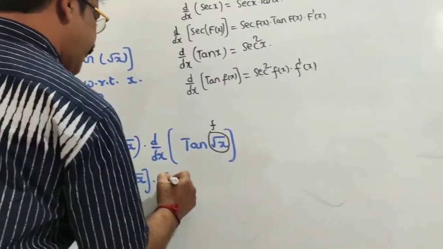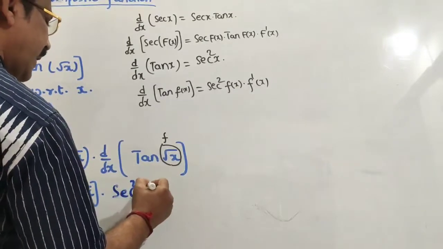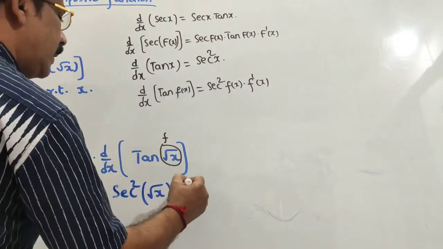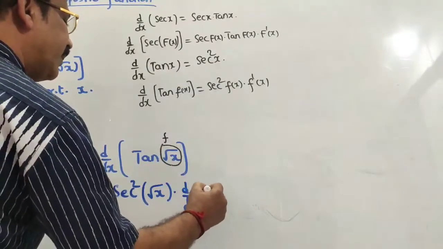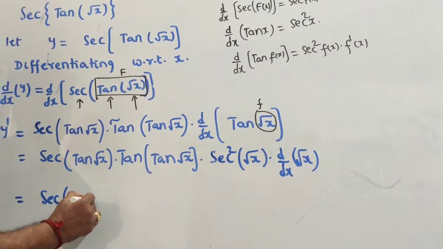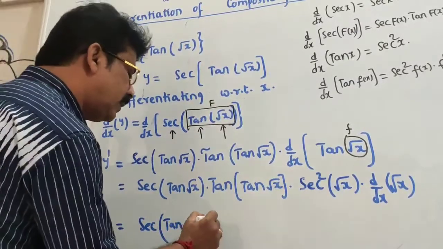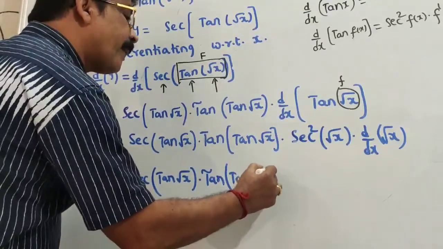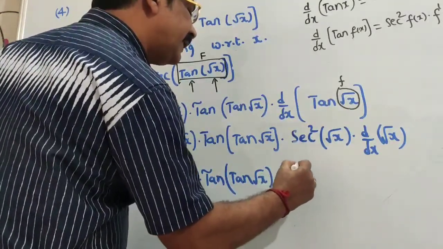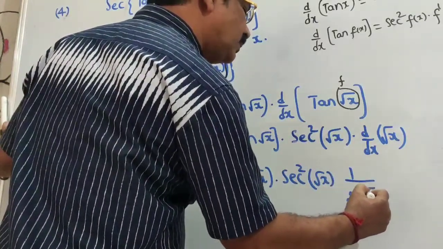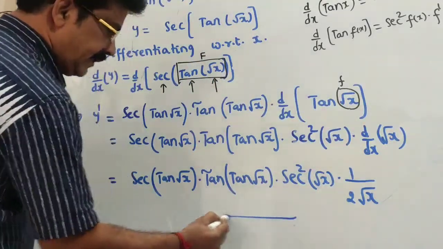So secant square of f of x into d by dx of f of x, which means root x. So the final answer will be secant of tan root x into tan root x into secant square of root x into 1 by 2 root x. This is the final answer.